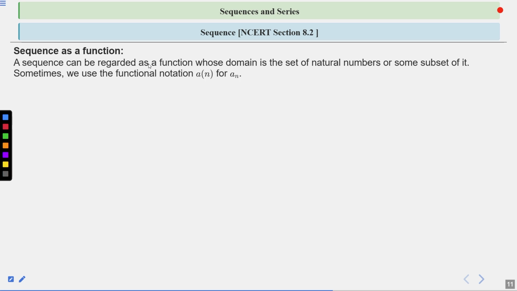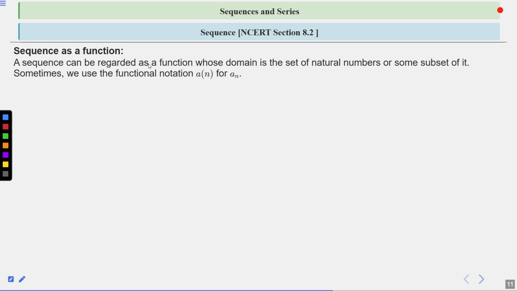If you are having a relation from set A to set B, non-empty sets, and that relation is a function, it means first of all your domain must be the complete set A. And for every element of the domain set A, we must have a unique image, one and only one image.